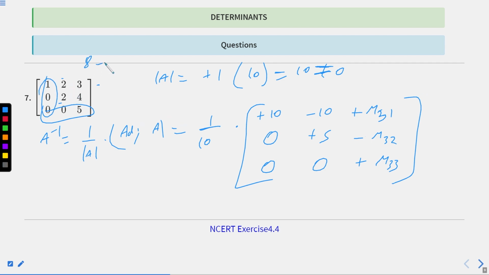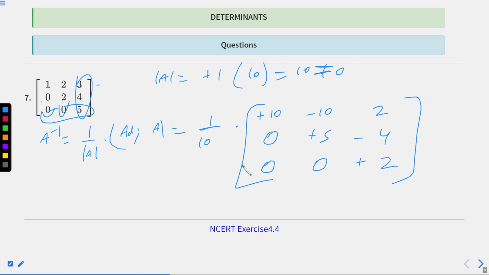8 minus 6 means 2. Now third row, second column. 4 minus 0 means 4, so minus 4. Now 3 3, eliminate this. So 2 minus 0, just 2.